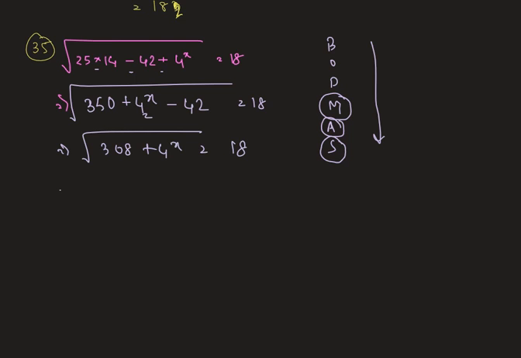Now squaring both sides we get 308 plus 4 to the power x is 18 square.